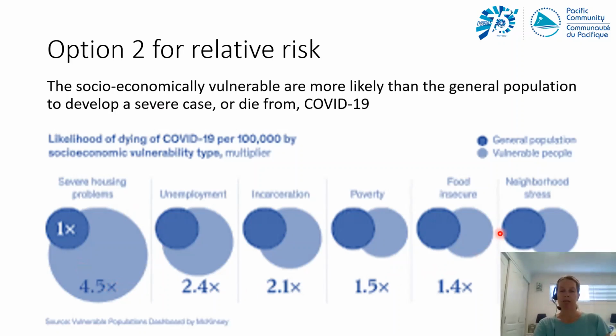And yet when we get down to food insecurity and poverty, it's still more risky for those groups, but not as substantially different to the general population. So this, again, it's just a way to think about how do you portray your data in a way that a non-statistics person is going to appreciate.